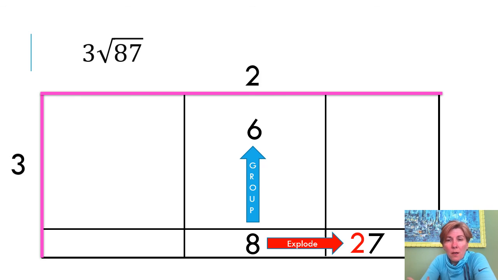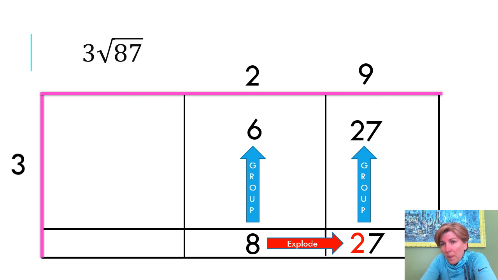Okay, now move to my 1s compartment and say, okay, I have 27 objects, and I can group 27 objects into groups of 3 because 27 is divisible by 3. So I'm going to take all 27 and I'm going to divide that by 3, which is 9. So I get my solution of 29.